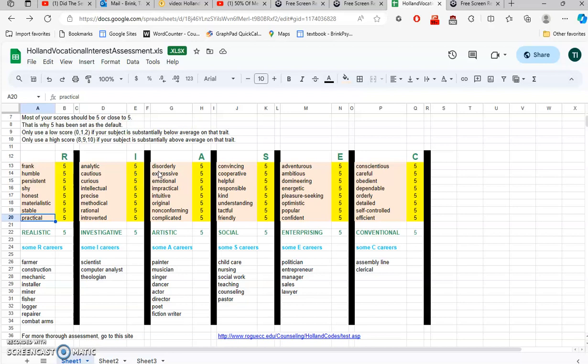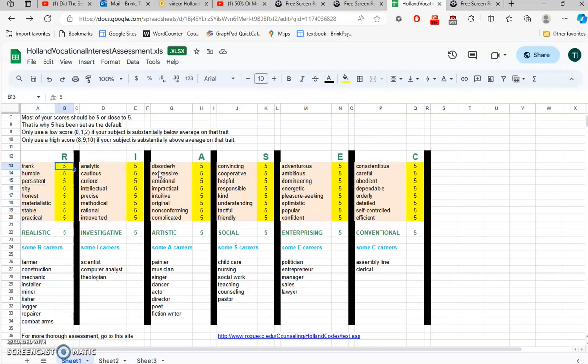Only give out a high score, an 8, a 9, or a 10, if the person is truly exceptionally high, way above average on that specific trait. And only give out a very low score, a 2, a 1, or a 0, if the person is really excessively, unusually low on that particular trait. There won't be very many 0s or 10s that you should be giving out.